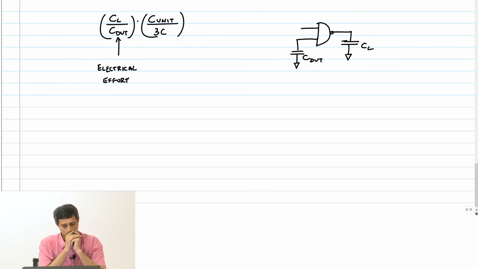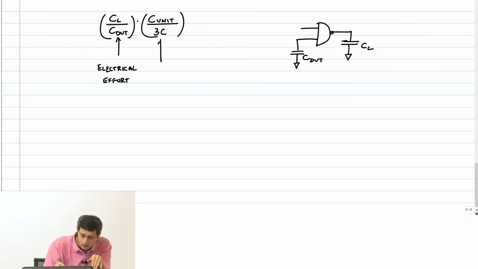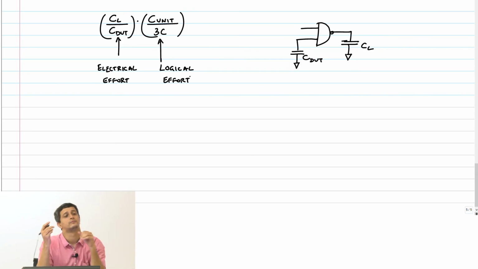Okay. Now there is another term which is basically the ratio of the unit gate's capacitance to the capacitance of an inverter. That is called logical effort. Why is it called logical effort and why is the other thing called electrical effort?